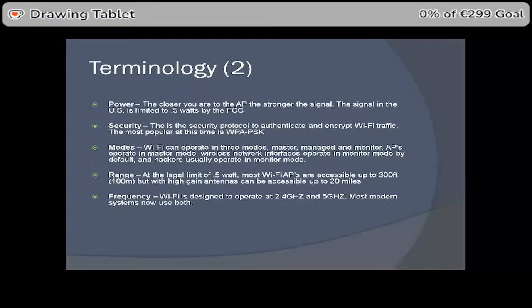Frequency. Wi-Fi is designed to operate at 2.4 gigahertz. Most modern systems now use both. The original specification, the early systems, all worked at 2.4 gigahertz. 2.4 gigahertz works great.